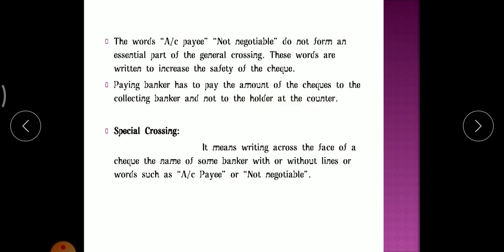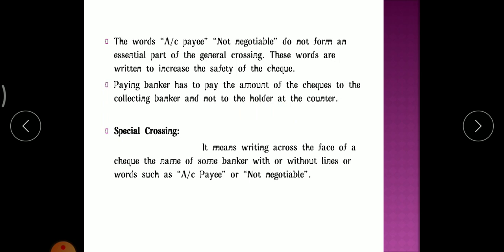Suppose you have an account payee check, a general crossing check, and you go to the counter of the bank. They will not provide you cash at the counter, because they will directly credit that amount to that particular account. That's the main reason why general crossings are done, just for increasing the safety of the check.